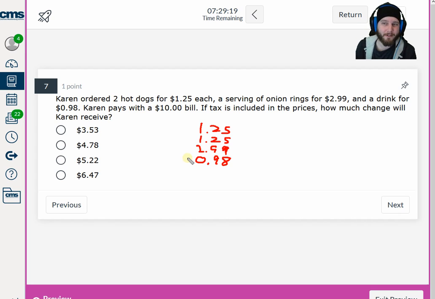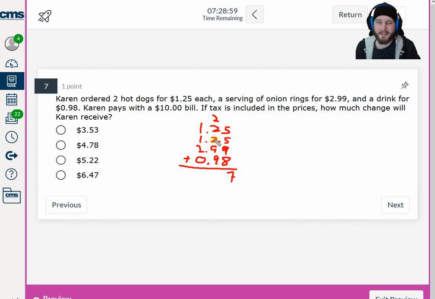Well, first, let's figure out how much money she spent. When I add this together, 5 plus 5 is 10, plus adding those together would have gotten me, I believe, 17. So 10 plus 17 is 27. 7, carry my 2. 2, 4, 6.